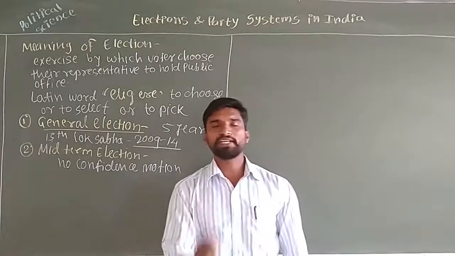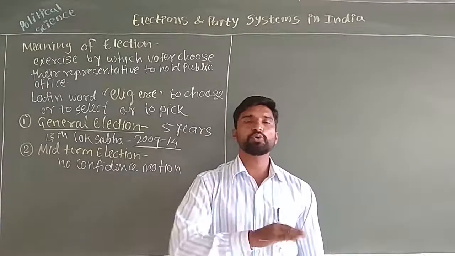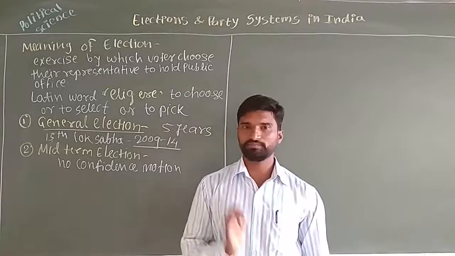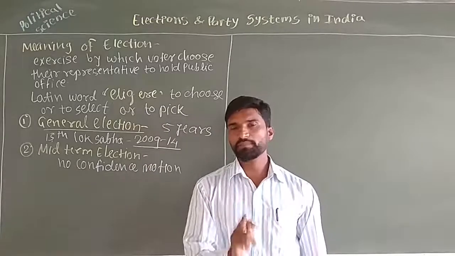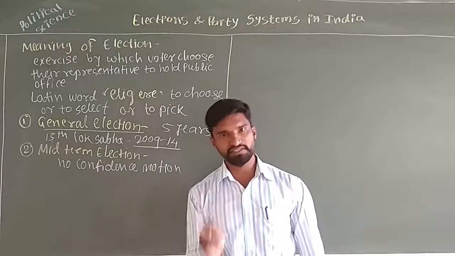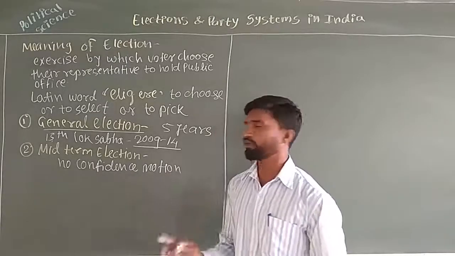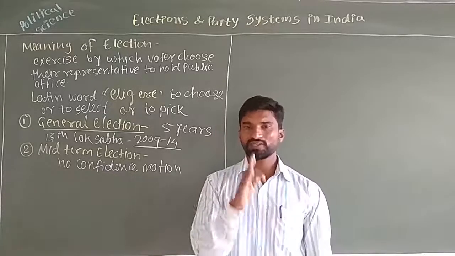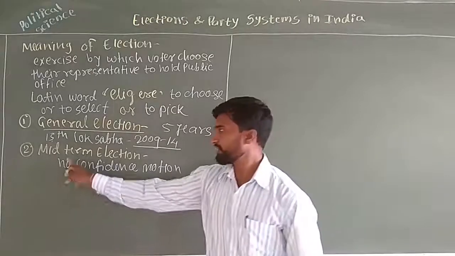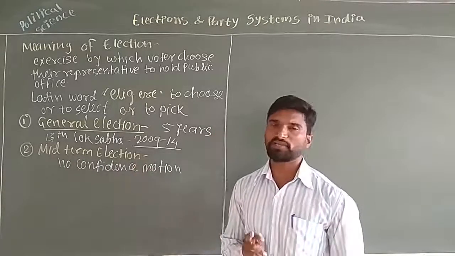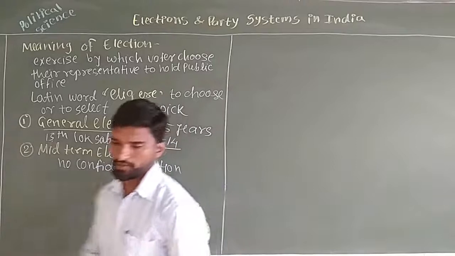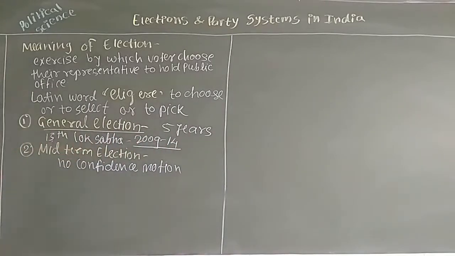When the ruling party is unable to complete its term and unable to win the no confidence vote, the elections conducted are called a midterm election. The third one is re-election.